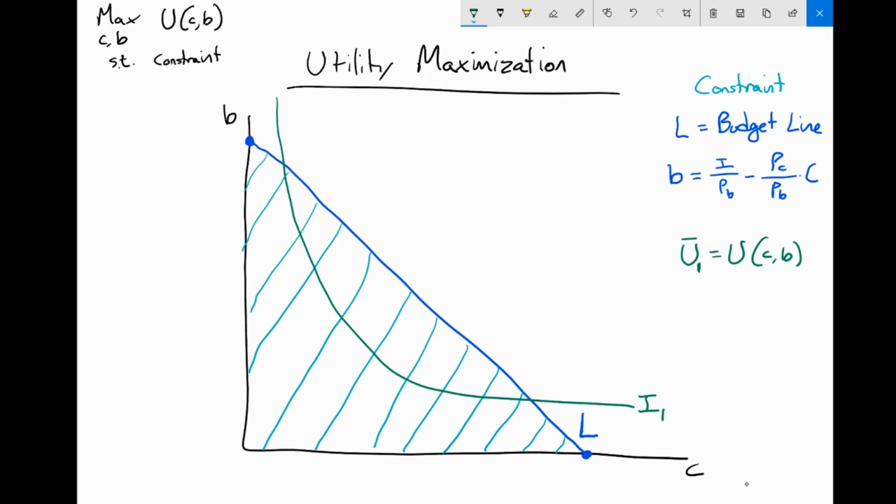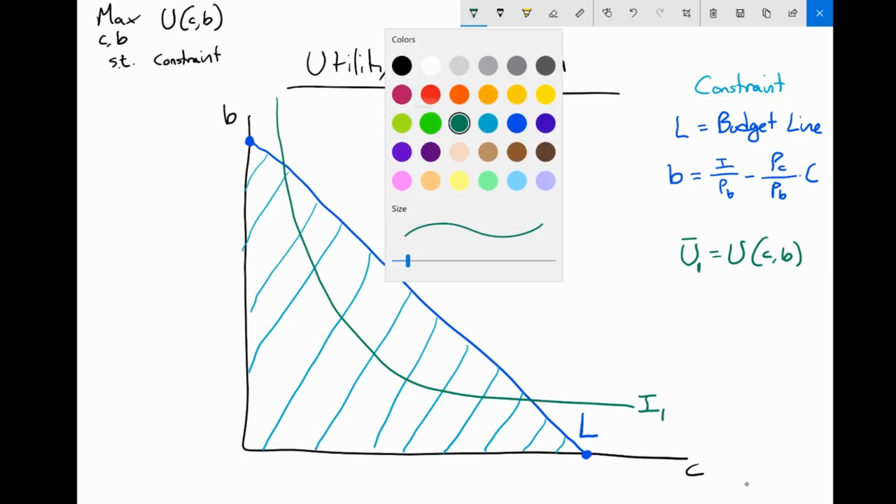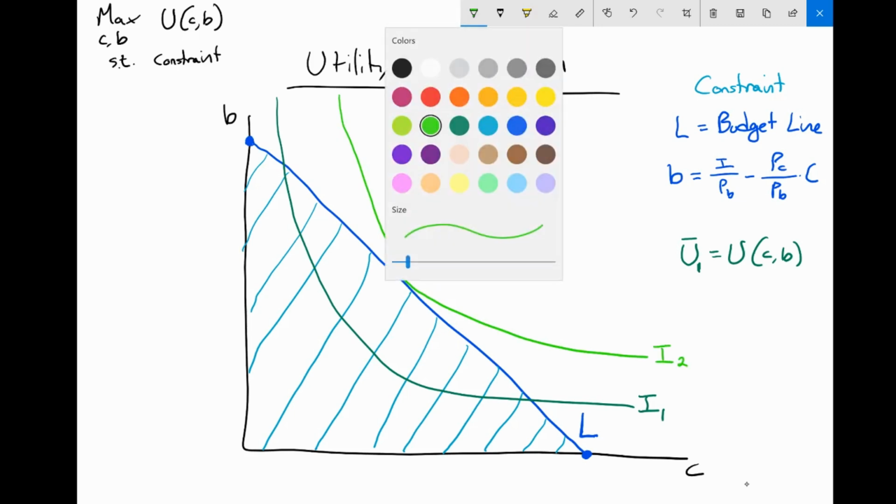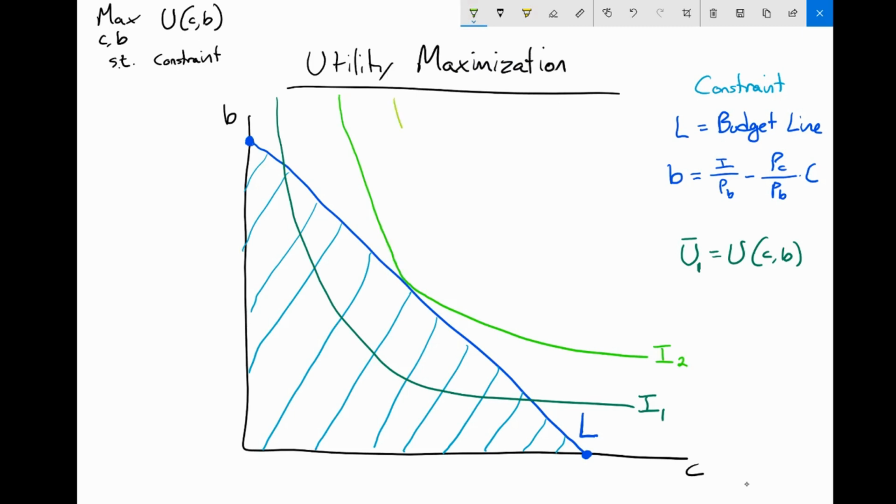Okay. Now, I'm going to draw a couple more examples here of indifference curves, and then we're going to discuss how this works. So here's another indifference curve. We'll call this I2. And then, lastly, another indifference curve. We'll call this I3.